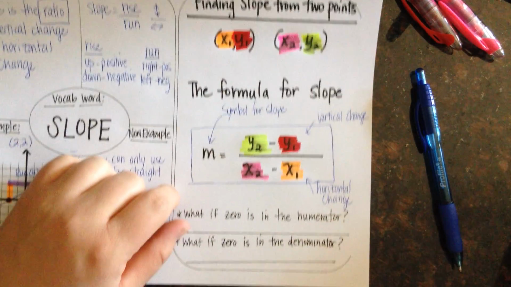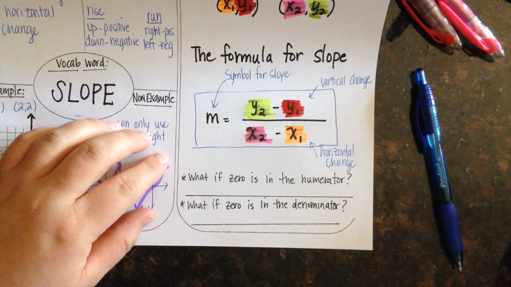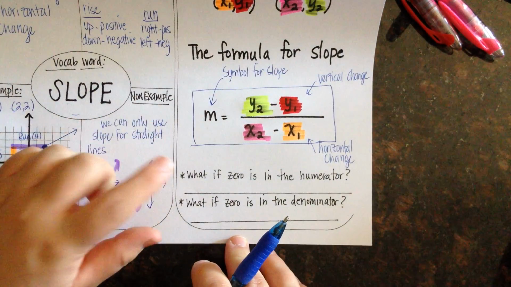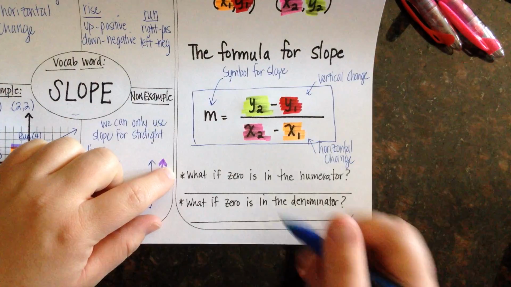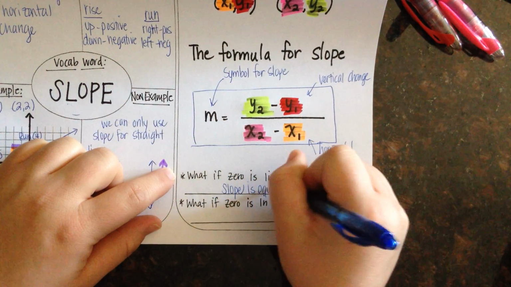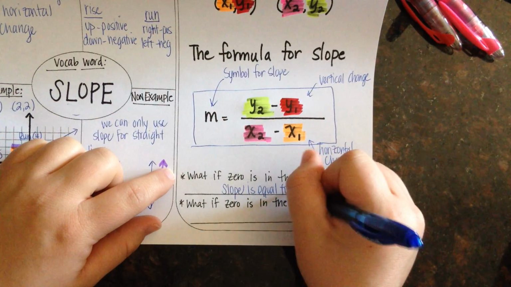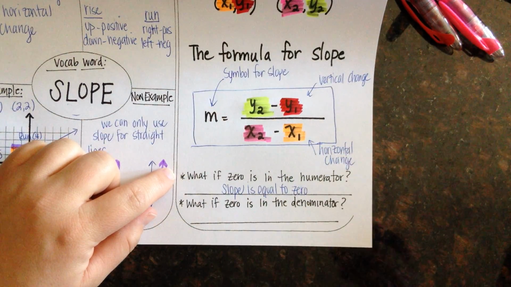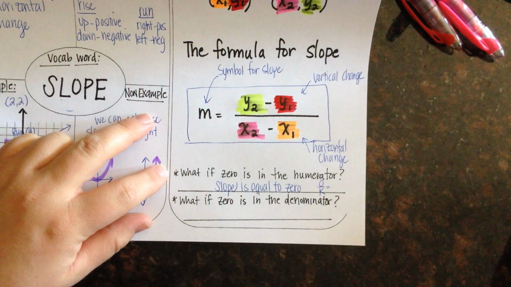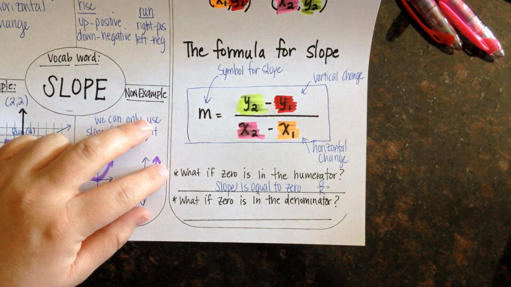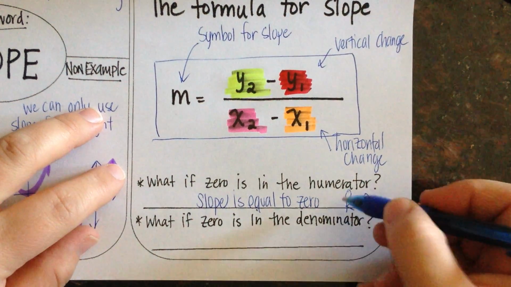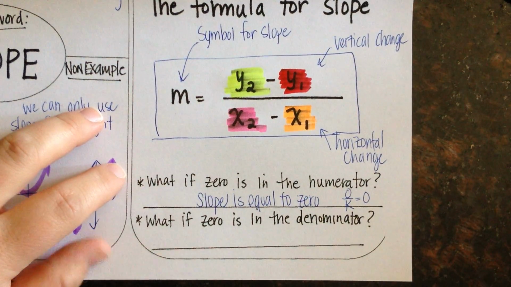A couple of things that students miss every year is what happens if you have 0 in the numerator or the denominator. If the 0 is in the numerator, your slope is equal to 0. One way to remember that is it's okay if the 0 is in the numerator. 0 is on the top, 0 is okay.